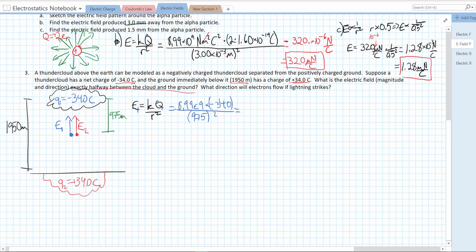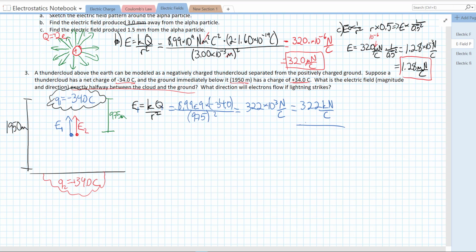The magnitude of the electric field is 322 times 10 to the 3 newtons per coulomb, or we could also write it as 322 kilonewtons per coulomb. So 1 coulomb feels 322,000 newtons of force at that point. So that's our first E, E1.